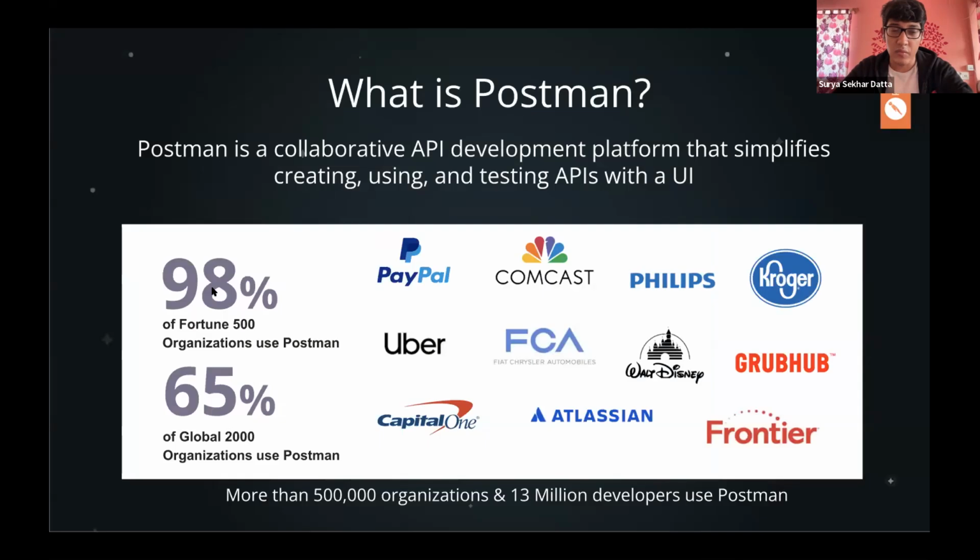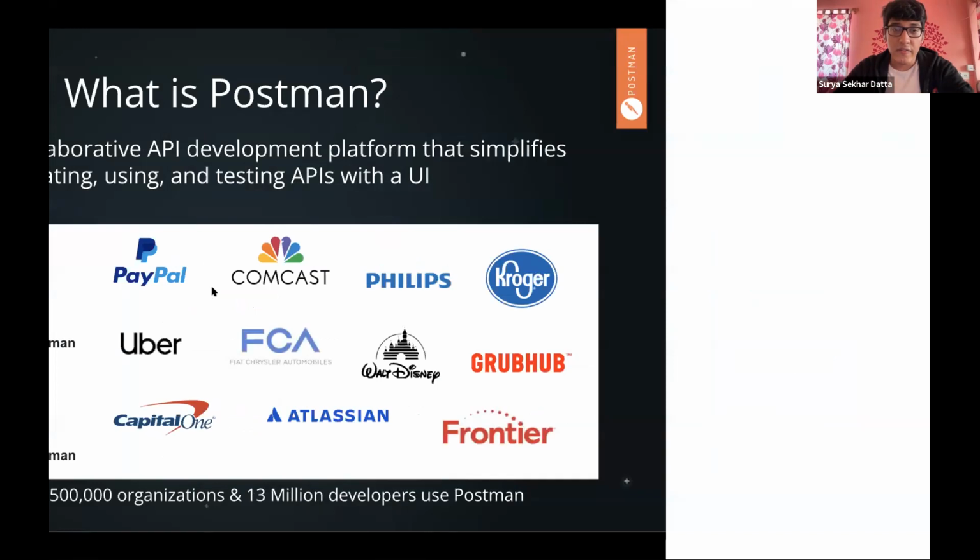As you can see, almost 98% of the Fortune 500 organizations use Postman. And if you're confused what this means, do not worry, because we are going to have a hands-on session and you will understand how to use Postman and how to send a request using Postman.